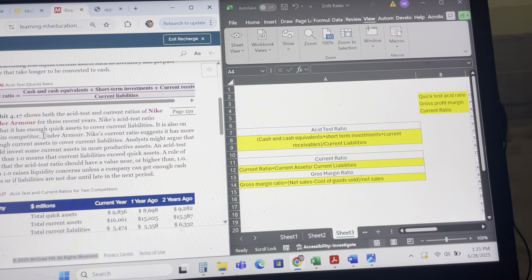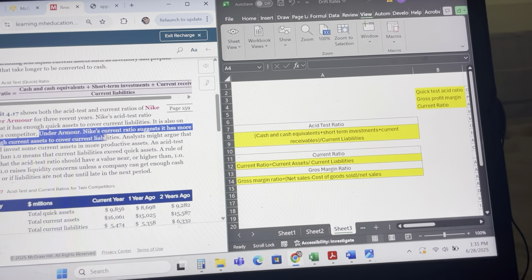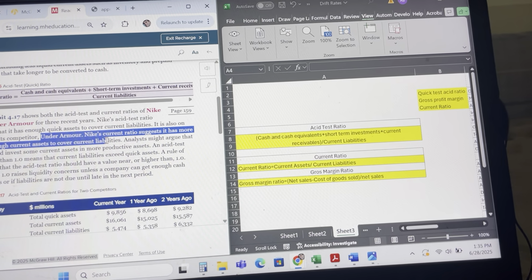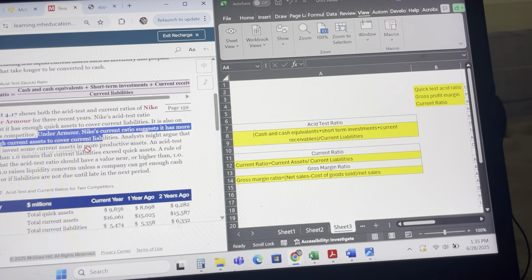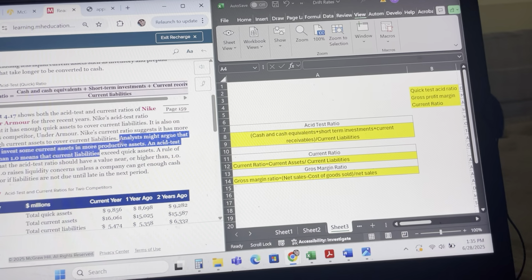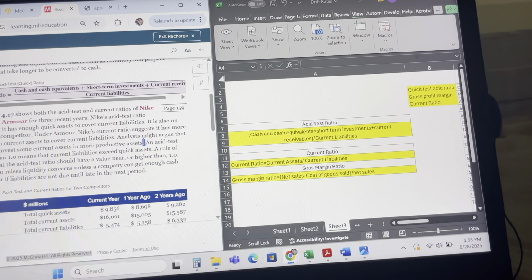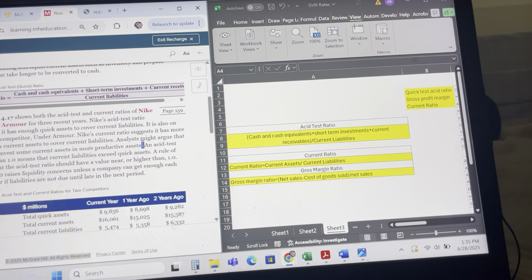As you can see, there's an example here. Current ratio suggests it has more than enough current assets over current liabilities. An acid test ratio less than 1 means current liabilities exceed quick assets.